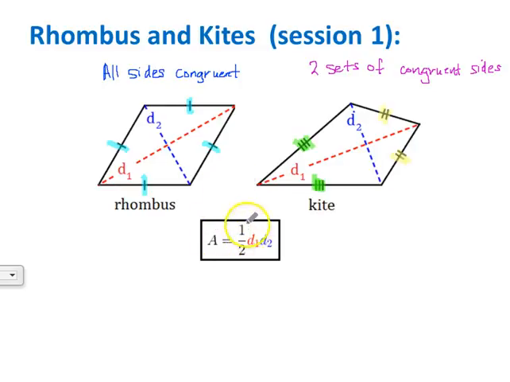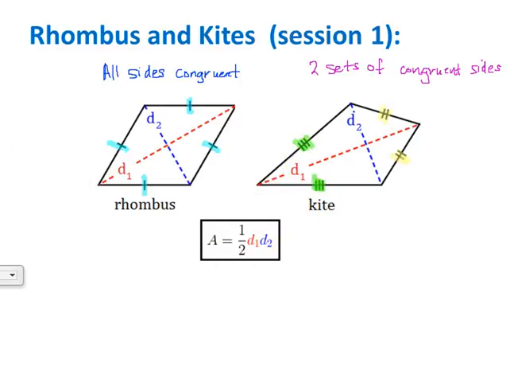And then I've got the formula to find the area of a rhombus or a kite. Even though the figures are not the same thing, and rhombuses are different than kites, they do look similar.